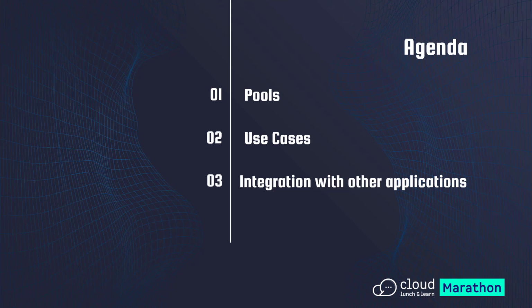What are good reasons to use Azure Synapse? What can you do with it? When should you use which pool? We'll cover all of that so you have a good baseline understanding of how the technology works and how and why you'd want to apply it in your environment. We'll also talk about how it integrates with other applications and how you can use it to create pipelines or visualize your data.